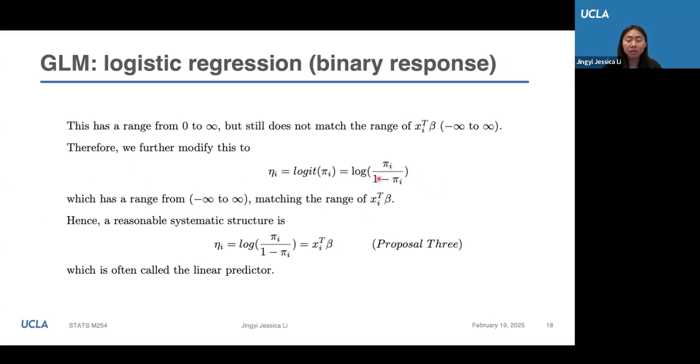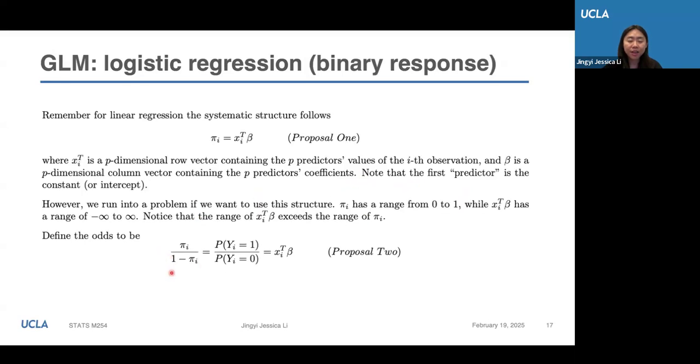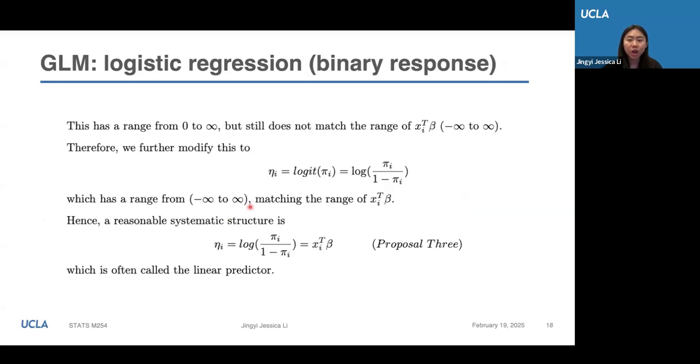Log of 1 is 0. So by adding this log, you are expanding the left-hand side to the whole range, negative infinity to positive infinity. And this log odds ratio has a name: the logit function of pi I. So now you can assume the left-hand side to be equal to the right-hand side because they're matched.